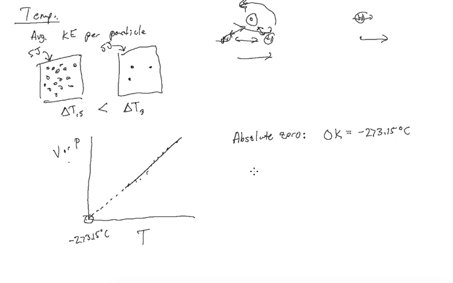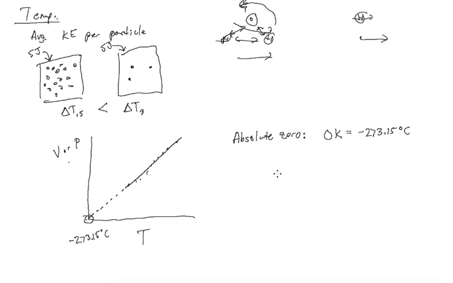So to convert from Celsius to Kelvin, you add 273.15, and to convert from Kelvin to Celsius, you subtract off 273.15.